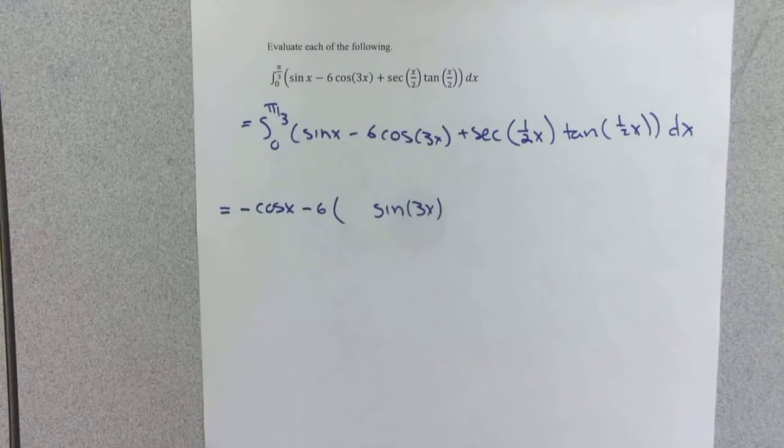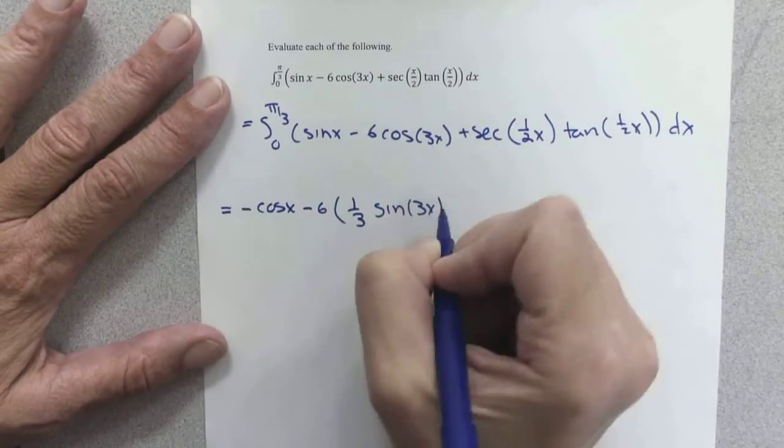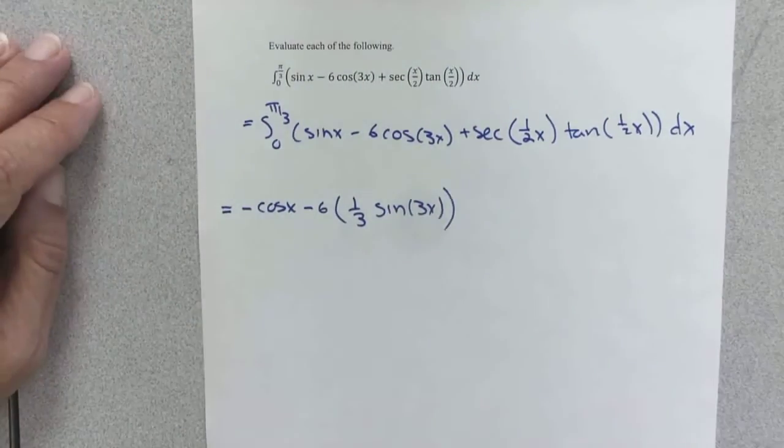But I'm doing anti-differentiation. I'm doing the antiderivative. And so when I'm finding an antiderivative or doing an integral, instead of multiplying by 3, I will divide by 3.